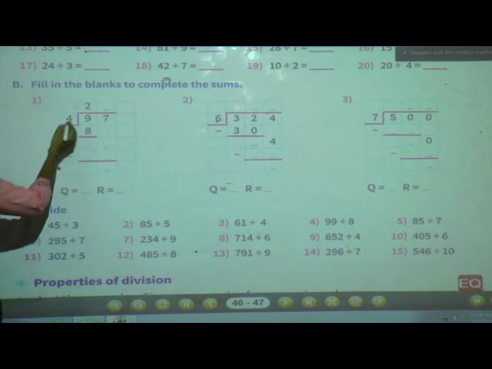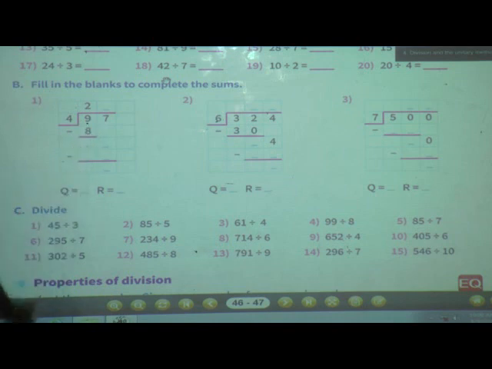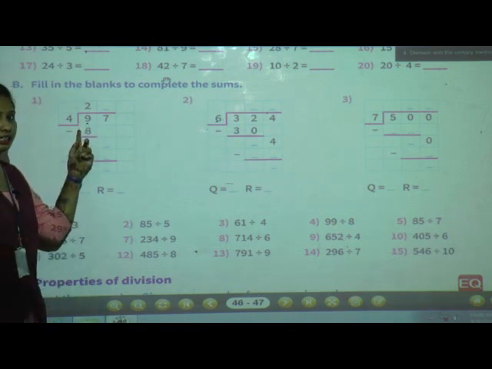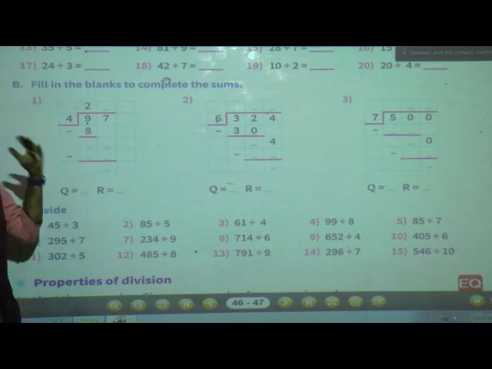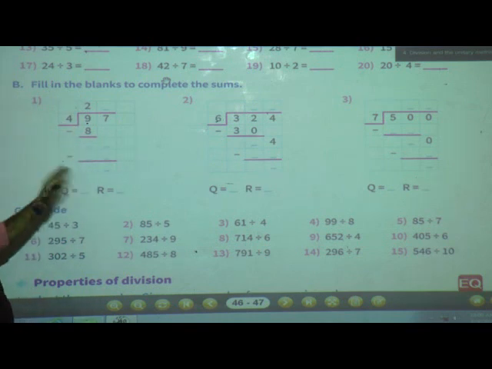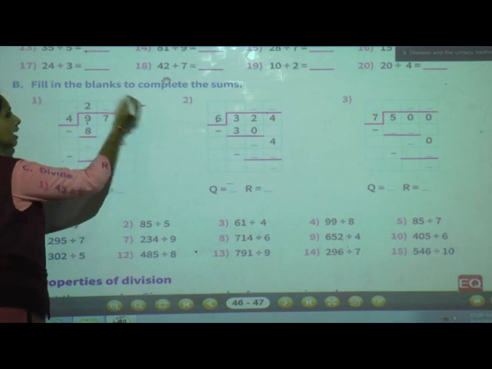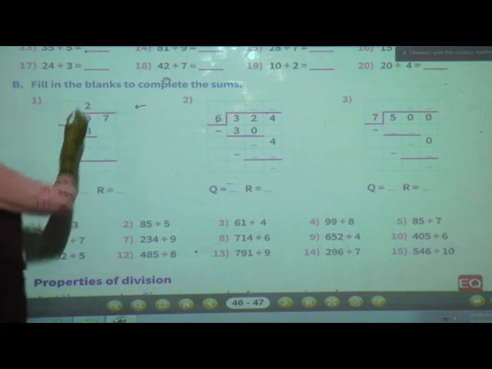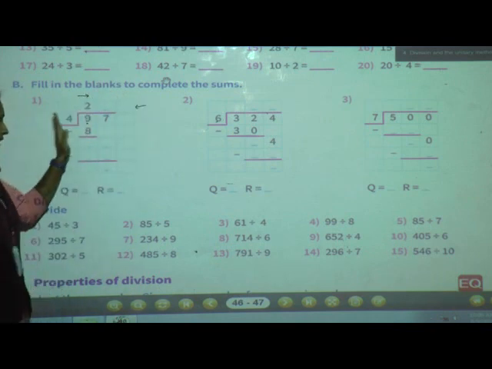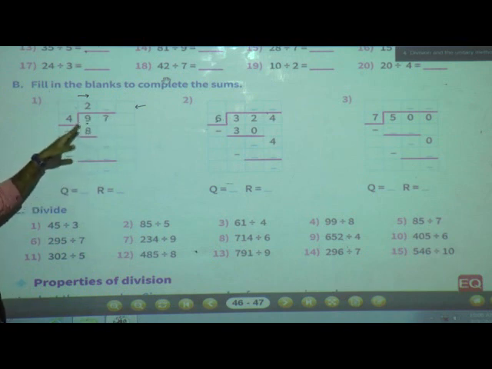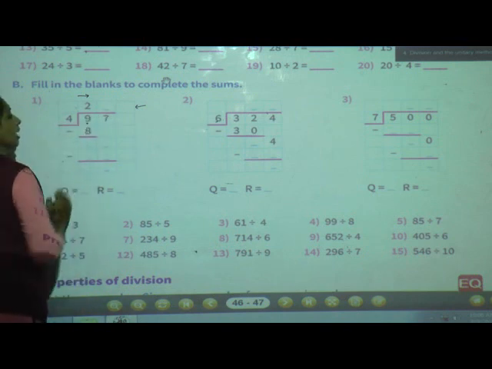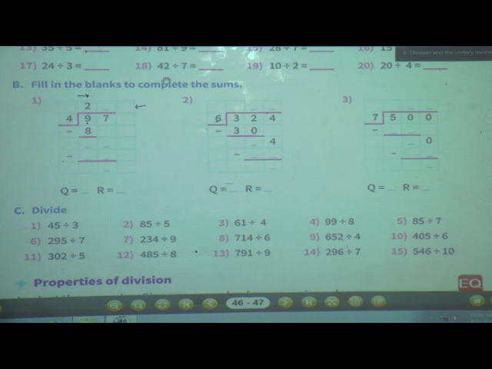Okay, now what we have to see in division, we should start always from the greatest place value. In addition, subtraction and multiplication we start from the right side, but in division we start from the left side. That is the greatest value. What is there here? 9. So you will find out in 4 table whether 9 is there or not. 4 1s are 4, 4 2s are 8, 4 3s are 12.